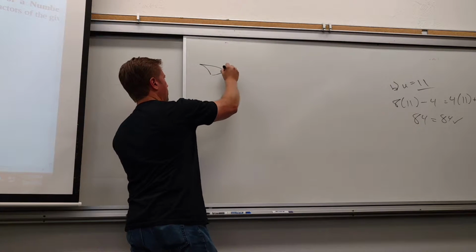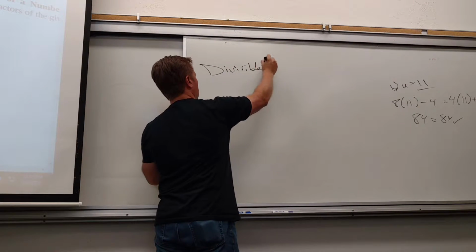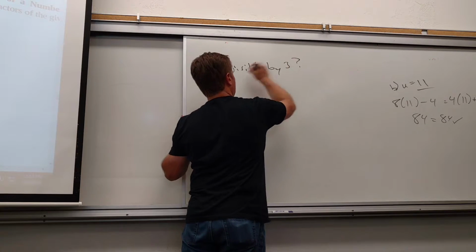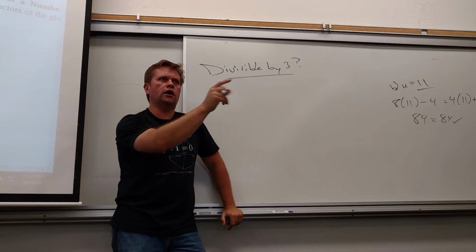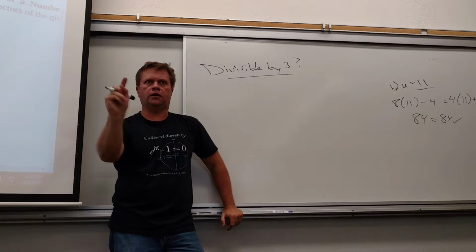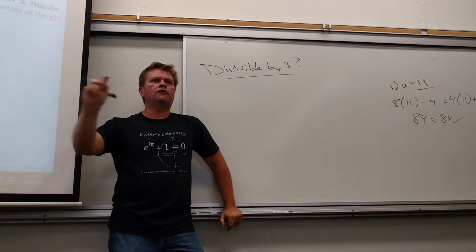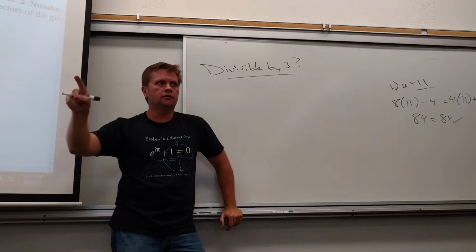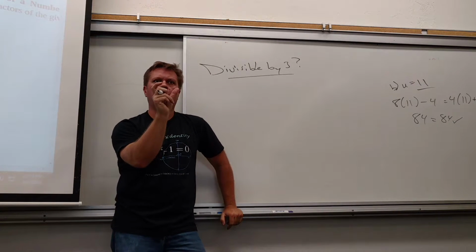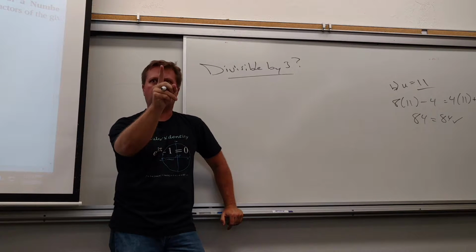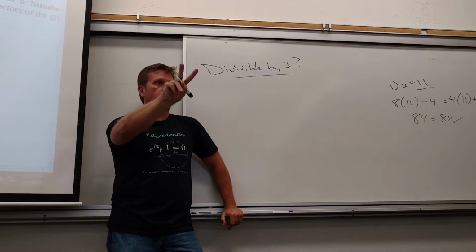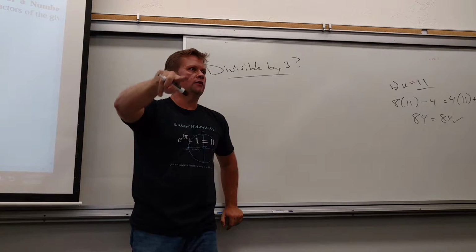How about divisible by 3? One reason that doesn't work: how far apart is every even number from the next one? 2, 4, 6, how far apart are they? 2. How far apart are odd numbers? 2. 1, 3, 5, 7.